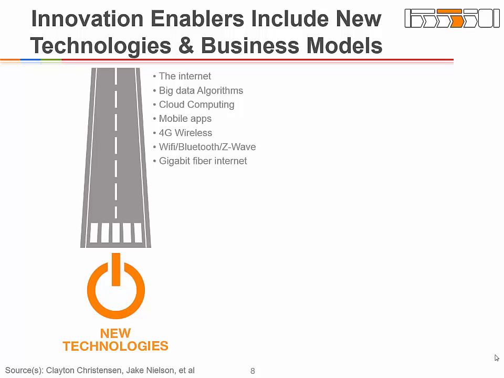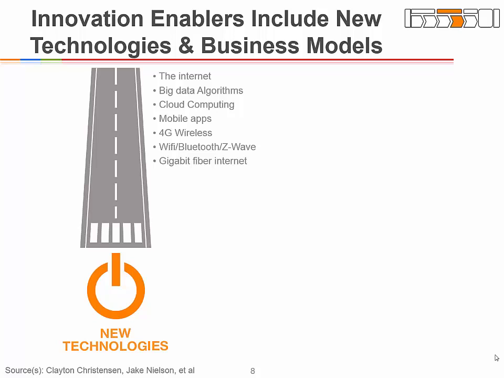Some examples in terms of technologies, these are kind of like a runway for your new business, could be the internet, which has been a huge one, big data, algorithms, machine learning, cloud computing, mobile applications, 4G wireless, high-speed wireless, Wi-Fi, Bluetooth, Z-Wave, and gigabit fiber internet. All of these are really game-changing technologies that can enable a lot of disruptive innovation.